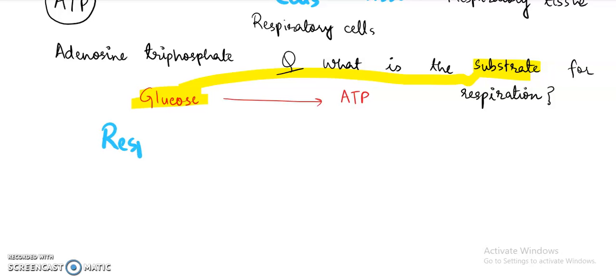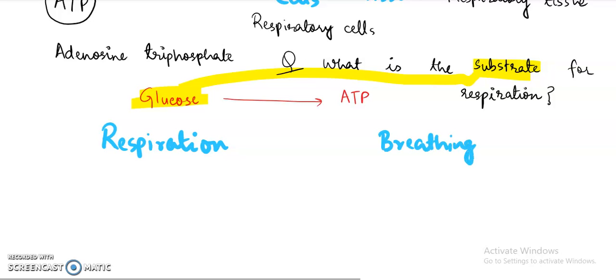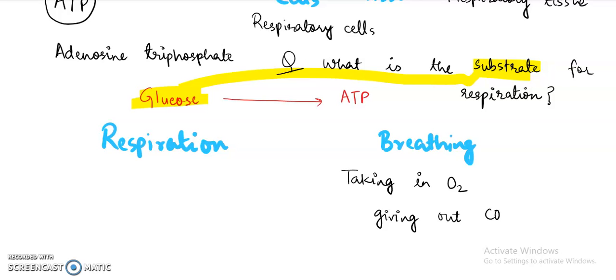First of all, we will see the difference between respiration and breathing. When we only talk about taking in O2, or oxygen, and giving out carbon dioxide, or CO2, that means when we only talk about exchange of gases, but we don't talk about energy production, we are talking about breathing.